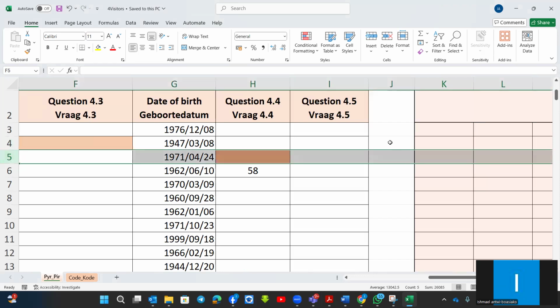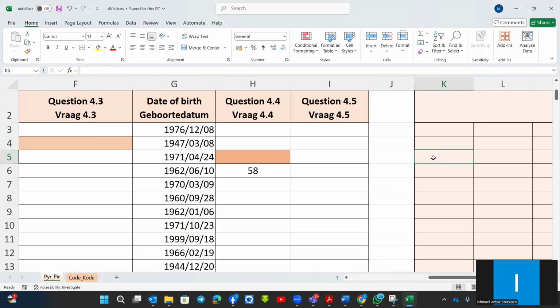So on the same row, we will go to the building block and use the year function. Equal sign. Whenever you are calculating the age, you must use the YEARFRAC. If you are calculating the number of days, you can use the DAYS function.